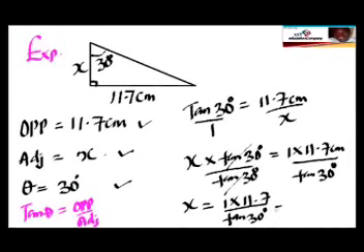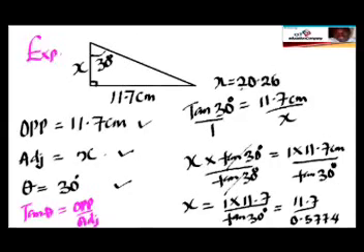This is equal to 11.7 over 0.5774. And let's see what my final answer will yield. So finally, I'm having x here to be equal to 20.26. So this is my final answer.